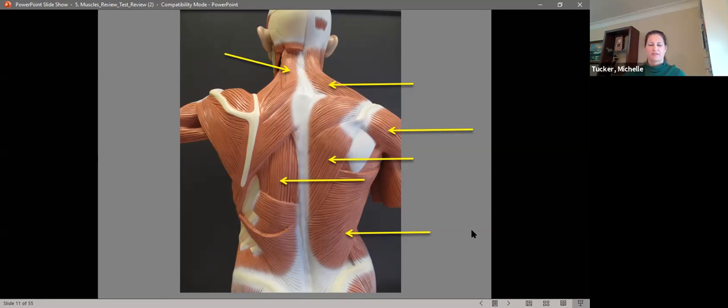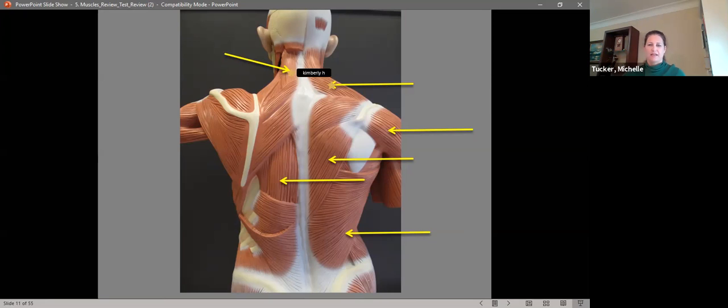It's a superficial muscle that extends the head. And then it has an agonist, something that has the same movement, and that would be splenius capitis. So it sits just underneath it on the deep side.